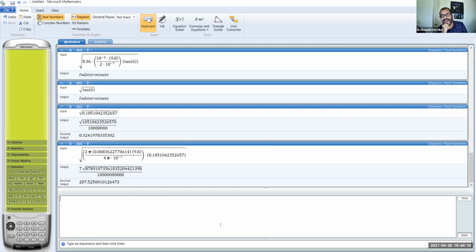207.5 amps, okay? Calculate the tangent by itself. That is weird. It's not an indefinite angle. So what I did now, all I did is the same expression, except that I use the intermediate value of the tangent. That's it.